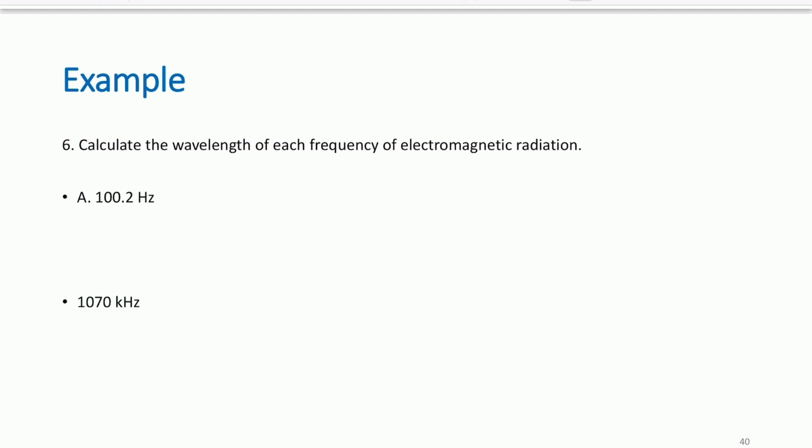So let's go ahead and look at a couple more examples like we just did in number 4. Calculate the wavelength of each frequency of electromagnetic radiation. I know this may seem repetitive, but these equations should be like muscle memory for your brain. You need to be able to quickly see them and calculate quickly. So if we see calculate wavelength for each frequency, we can use the relationship lambda equals c over nu, c being your speed of light.